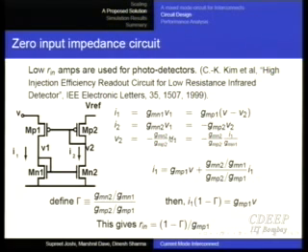Correct? But what is V1? V1 is I1 by GMN1 from here. So I put that, and finally what I get is that V2 is minus I1 into GMN2 divided by GMP2 into GMN1.